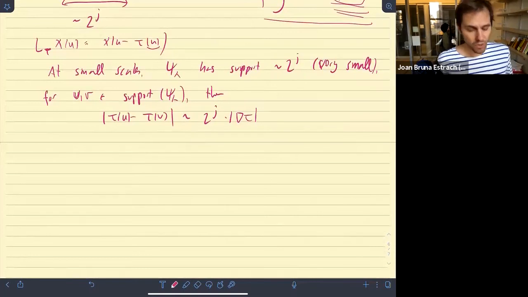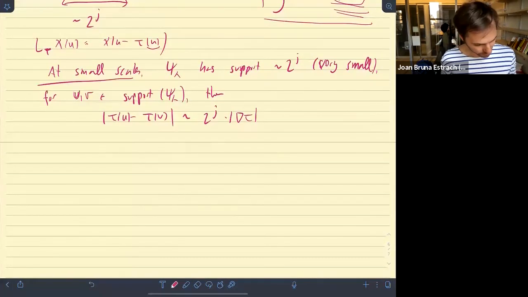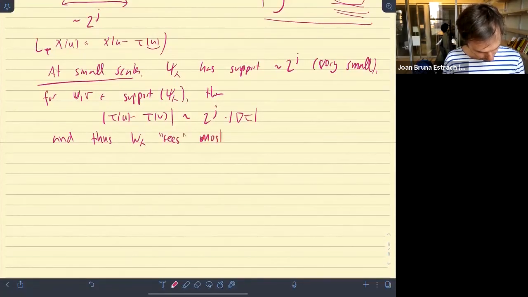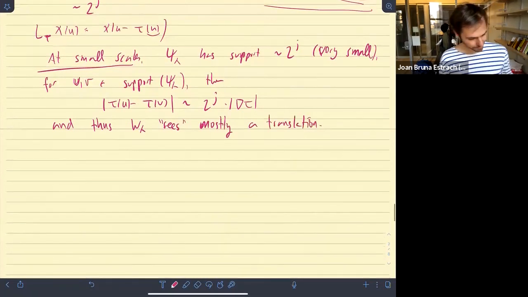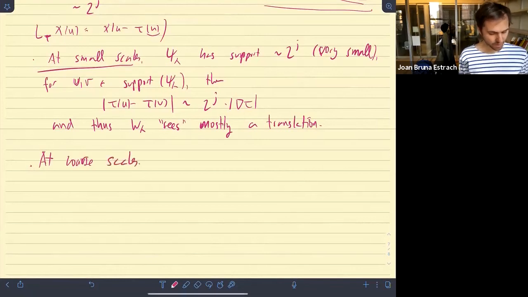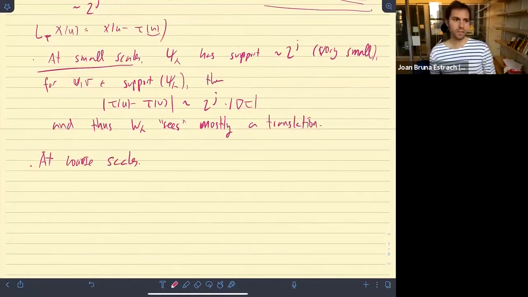There's another regime, right? At coarse scales, so when the scale is very large, I have the opposite problem.